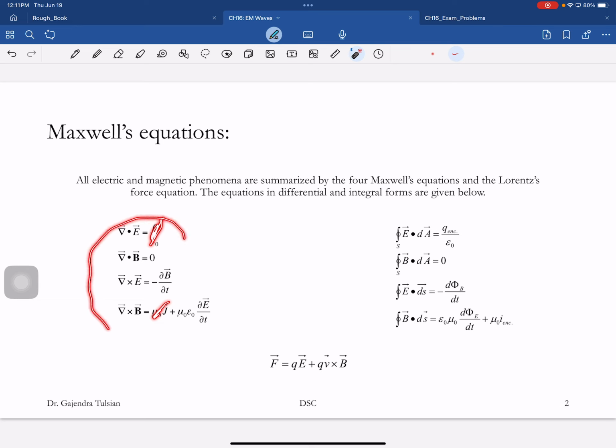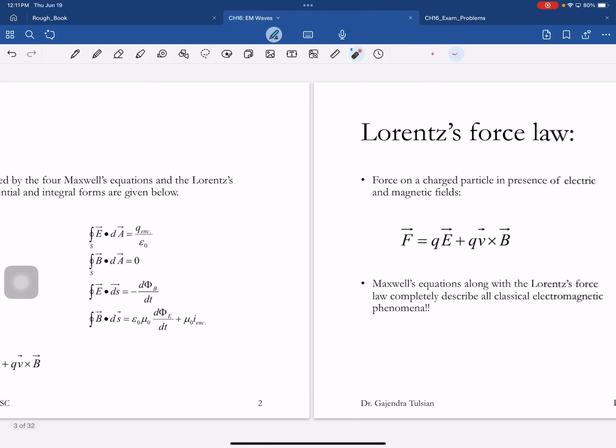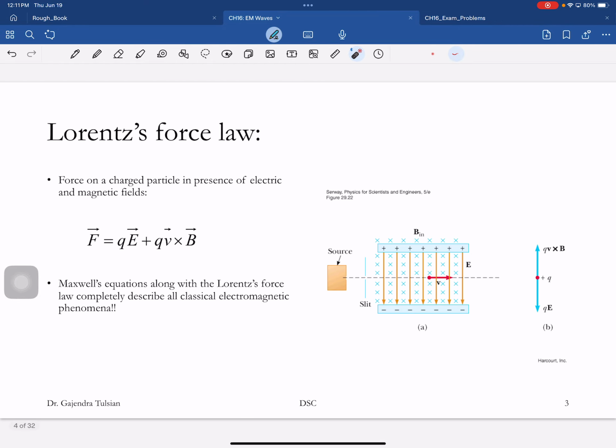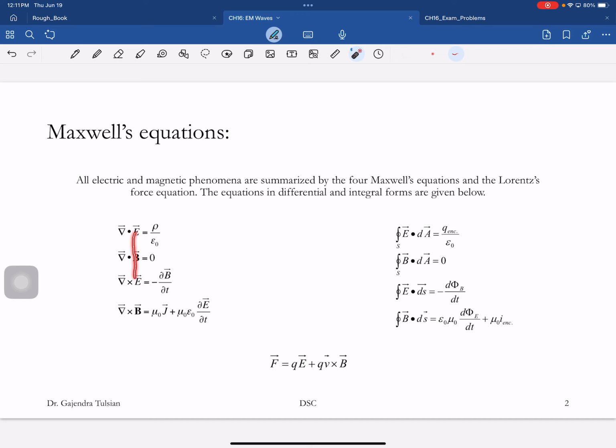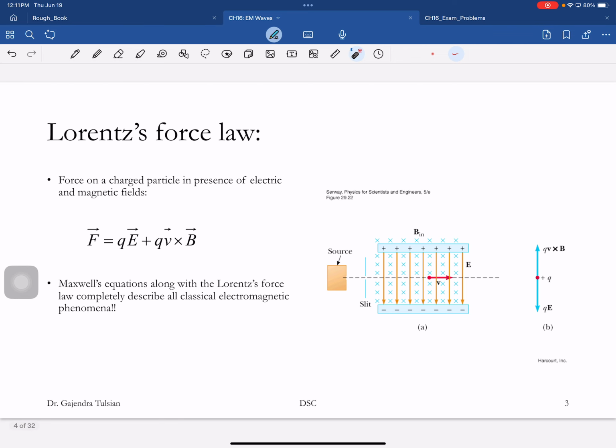He studied those 4 equations and saw what they predicted. When you produce electric and magnetic fields, this equation tells you what the effect of the electric and magnetic field is on charges. That's the Lorentz force equation. The magnetic field exerts a force on a moving charge, and the electric field exerts a force on any charged particle.